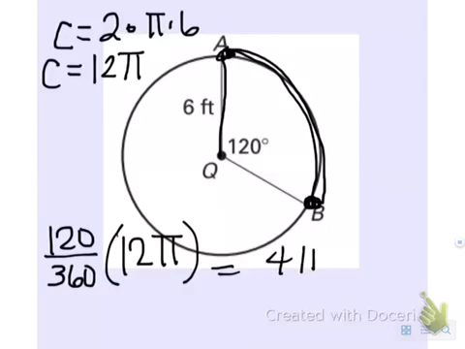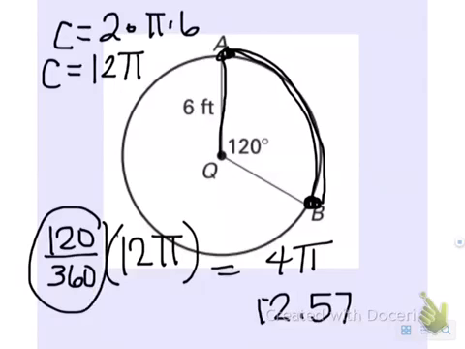Now that is an exact answer. If I want to find the estimated answer, I have to hit the SD button, which would give me 12.566, which rounds to be 12.57. So the only difference between finding the arc length and finding the circumference is that you have to multiply by the part of the circle that you're interested in, and a part will be represented by a fraction.